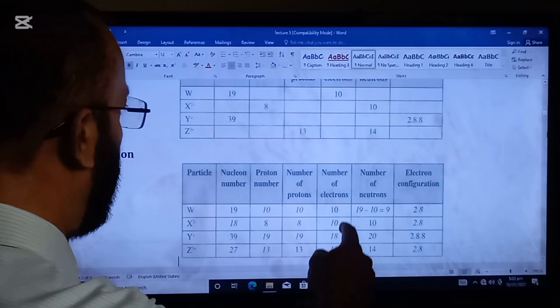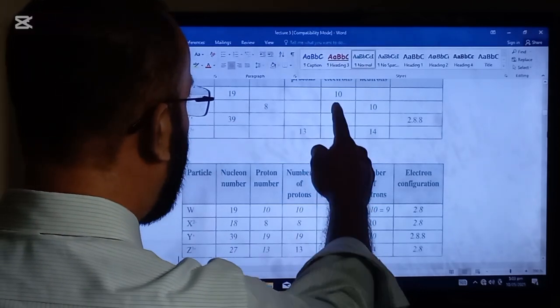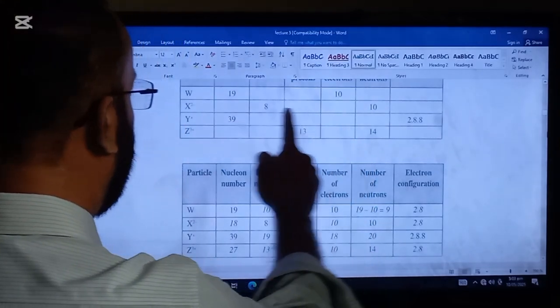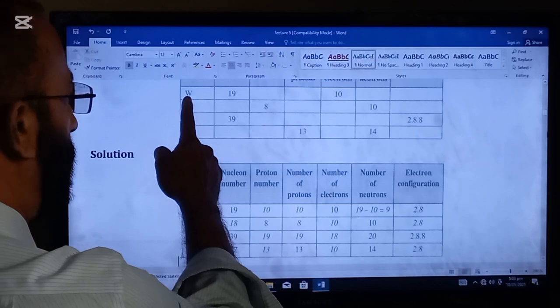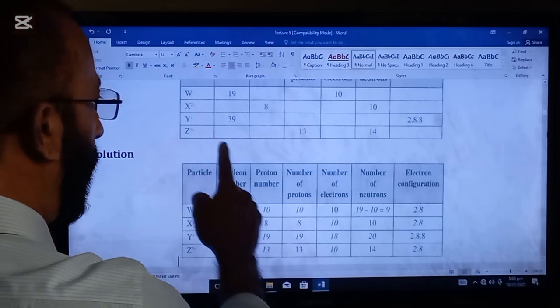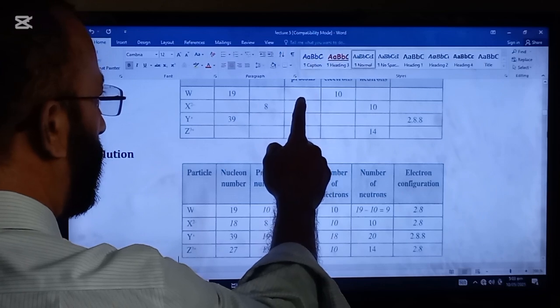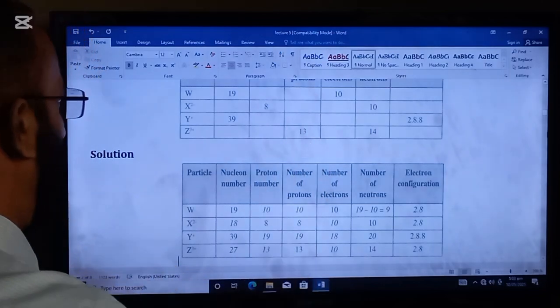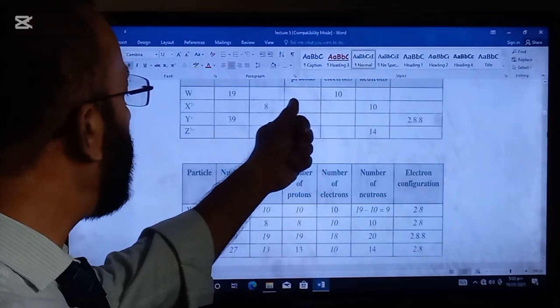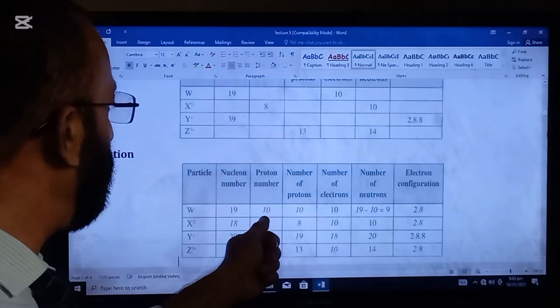The number of electrons is given, that is 10, because this is an electrically neutral atom. So the number of protons will be the same, so 10 will be placed here, and proton number definitely will be 10 then.